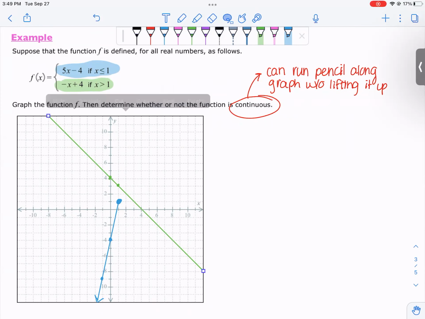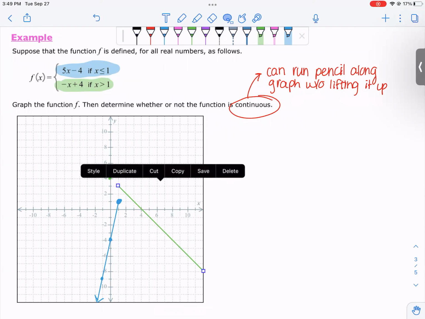So I am truncating it right there, and then asking myself the question, should I put an open circle or a closed circle where the line starts? Because there's no underline, I am putting an open circle, and that's my graph.